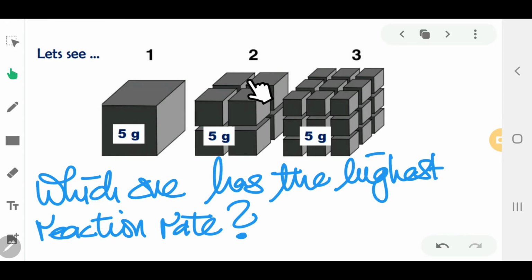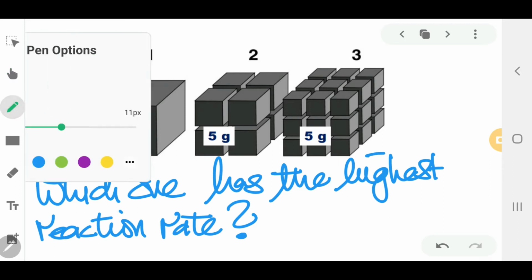Number 2, you make it even smaller pieces. And number 3, you make it into even smaller pieces if you compare it with number 2. So which one has the highest reaction rates, do you think? Maybe you want to spend a few seconds to think about it. Is it number 1? Is it number 2? Or is it number 3?